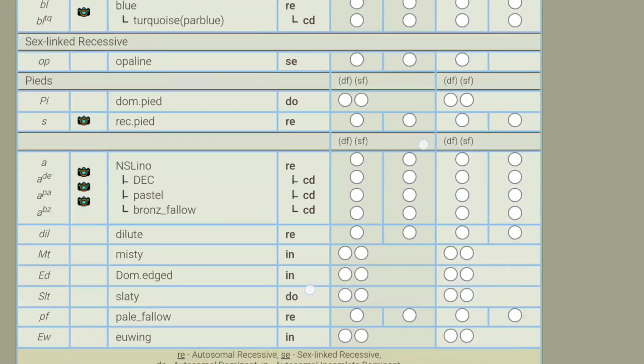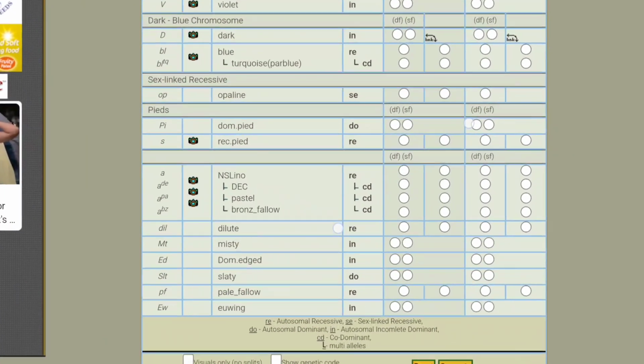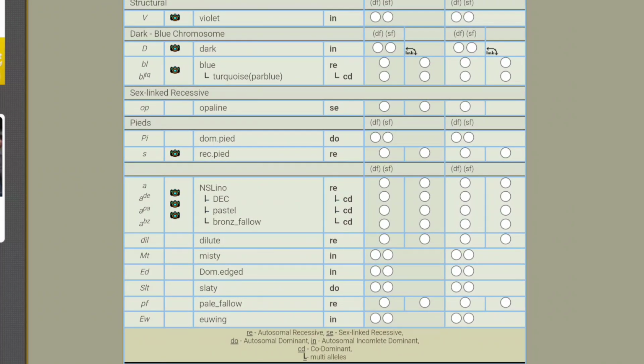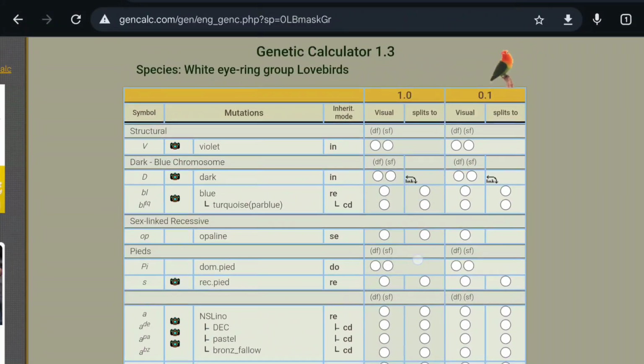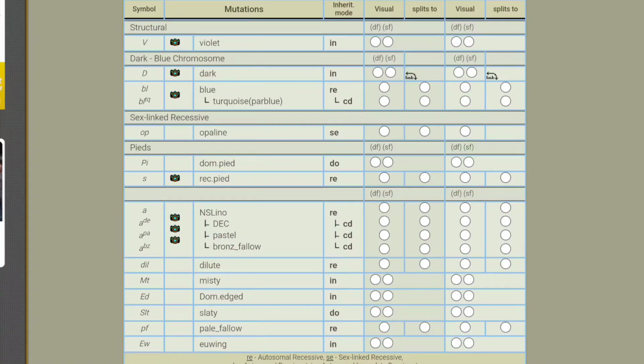And one more thing you need to know is that if you don't fill up any one parent's details here in these blocks, either the male 1.0 or the female, then it's a default setting that it's going to assume you are talking about a wild green bird.